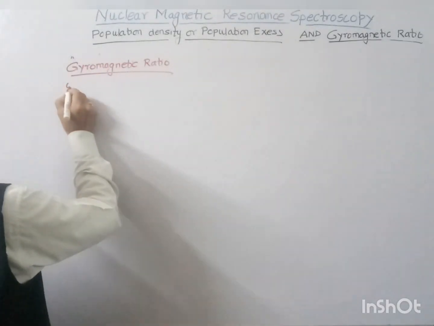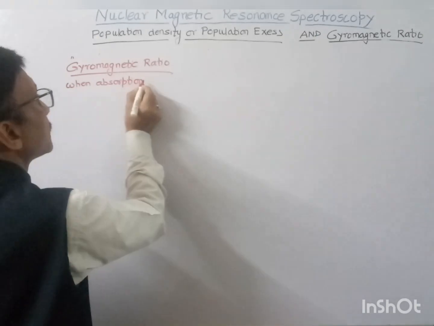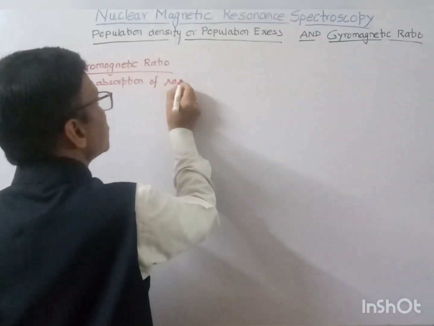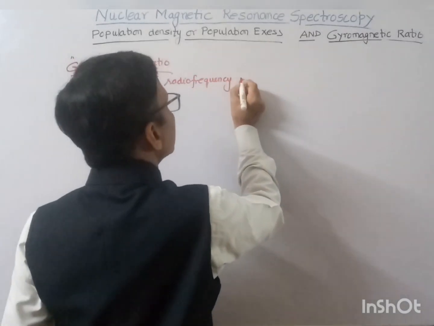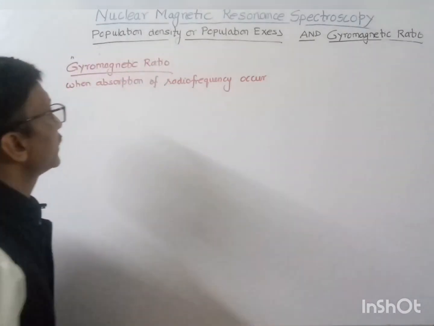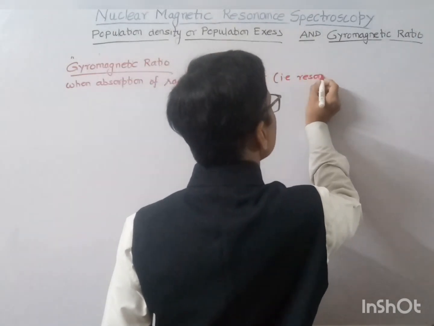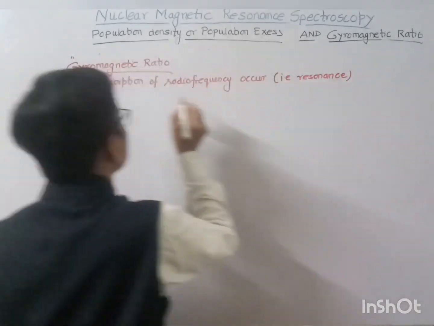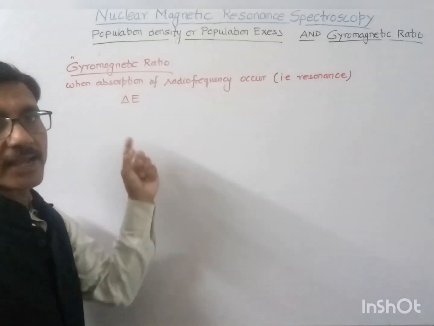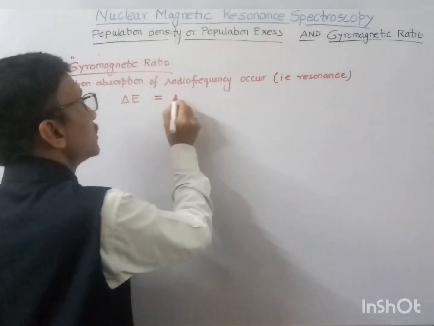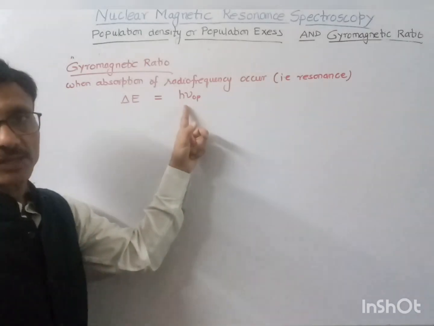When absorption of radio frequency takes place, that is, resonance occurs, delta E, the energy difference between the lower and higher energy states, becomes equal to the energy of the radio frequency, the operating frequency.